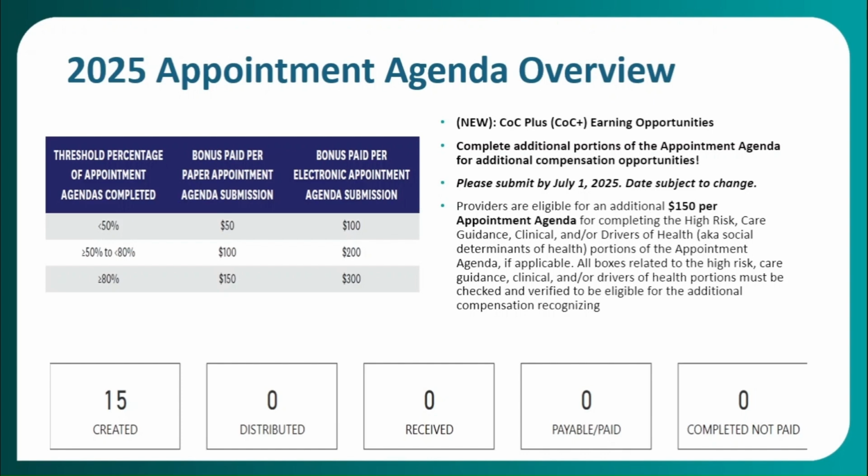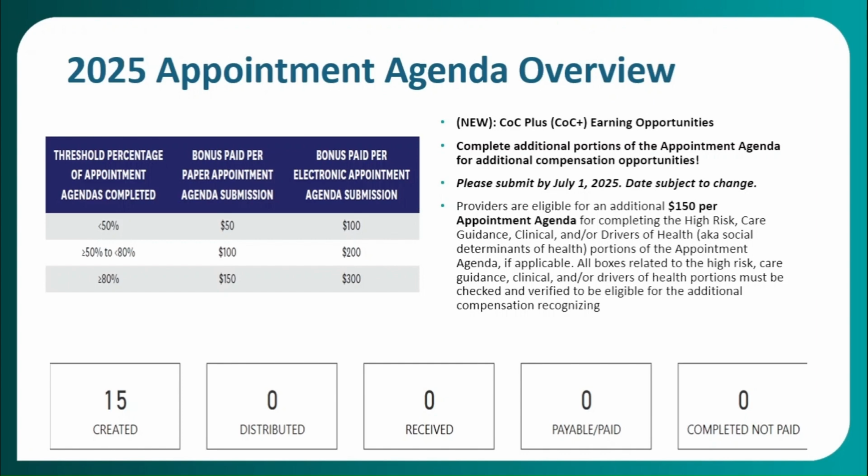So now we know the max amount per submitted agenda is $450, okay? The base is $300, and if you fill out the additional sections, you get a bonus of $150. So it's a total of $450, okay?